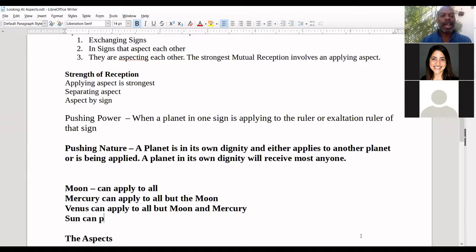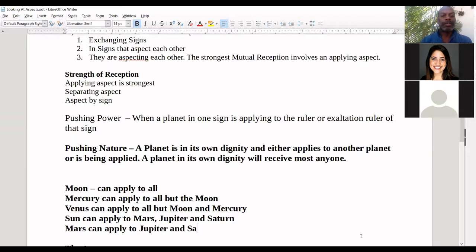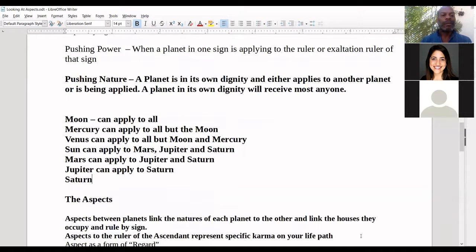Sun can apply to Mars, Jupiter, and Saturn. Mars can apply, this is what I should have done earlier, to Jupiter and Saturn. Jupiter can apply to Saturn. Saturn cannot apply.